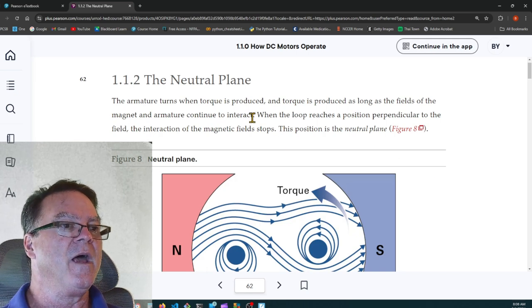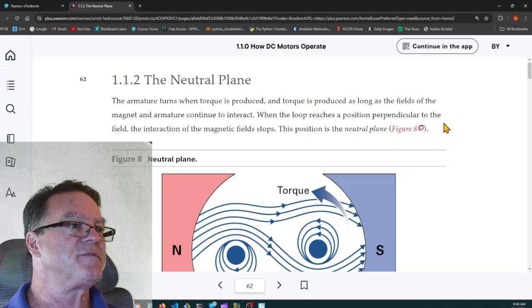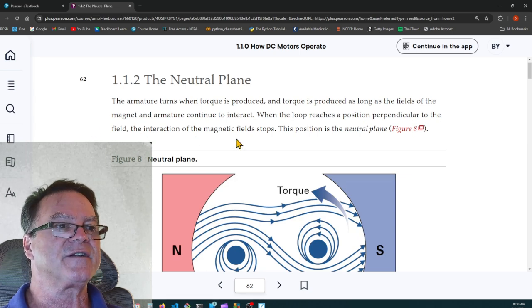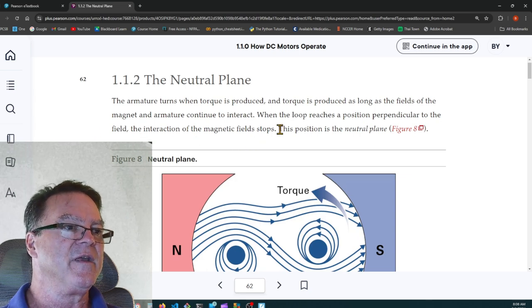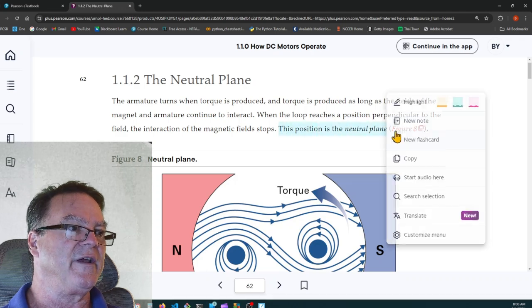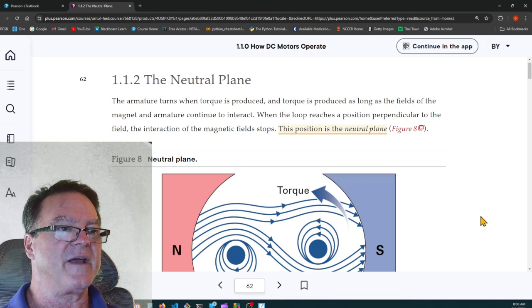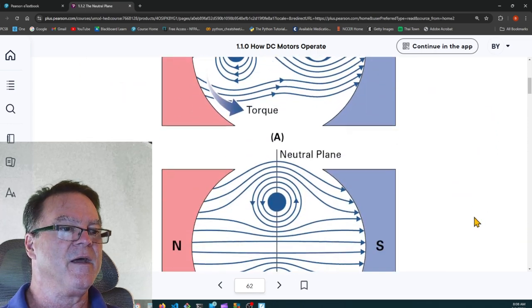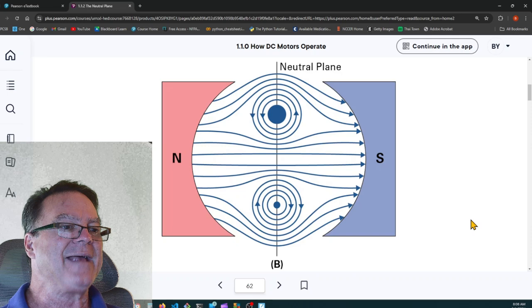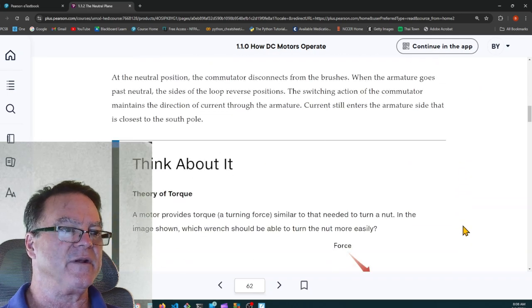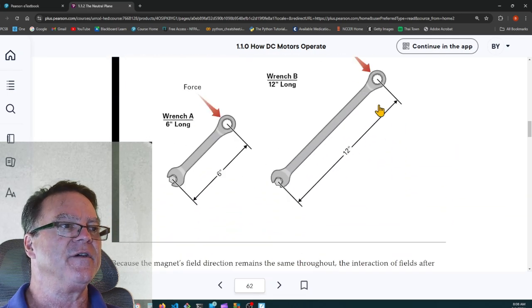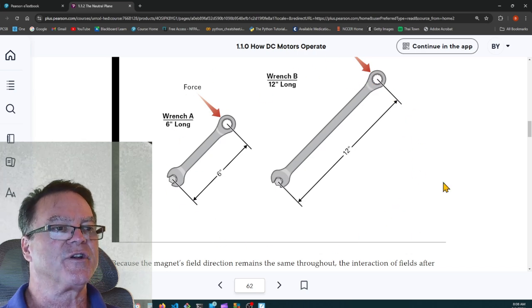So it says when the loop reaches a position perpendicular to the field, the interaction of the magnetic field stops. This is the neutral plane, that point where the interaction of the magnetic fields stops. But as we turn this, and I'm not going to read all of this, I'm just going to show you. There's your torque. Torque is a circular force.